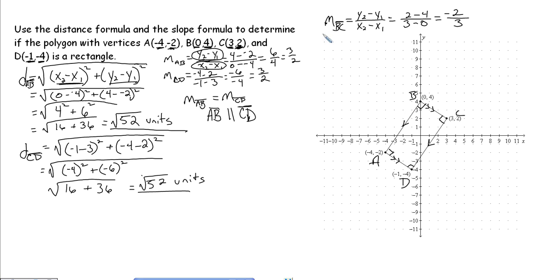Just to make sure the other is parallel, let's take a look at the slope of line segment AD. y2 minus y1 all over x2 minus x1. And we find that negative 4 minus negative 2 all over negative 1 minus negative 4.